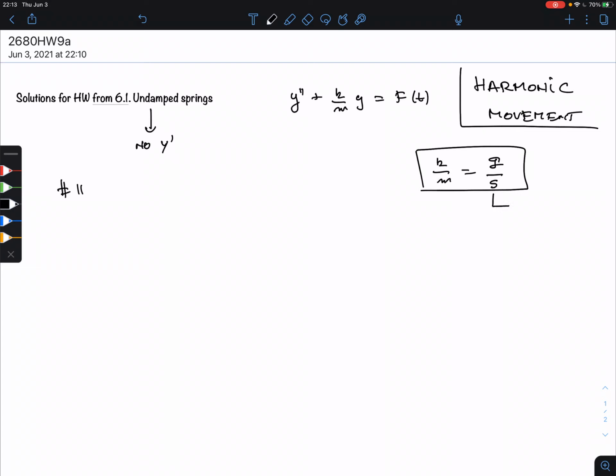And remember, s is the distance, if I make a picture, it's this distance: how much the spring stretches when you hang the particular object on it. Of course, it depends on the weight of the object.